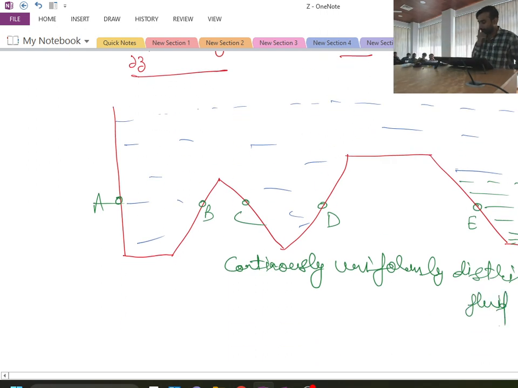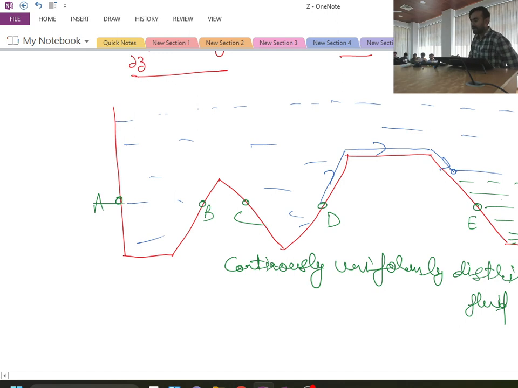Here, between point D and E, if you start from point D, you can move through this path, then through this path, up to this point, and you have continuity. But after that you have discontinuity, because the same uniform distribution is not maintained.